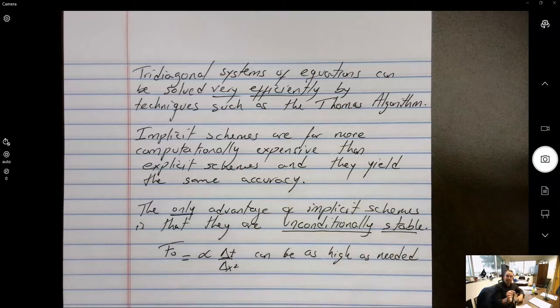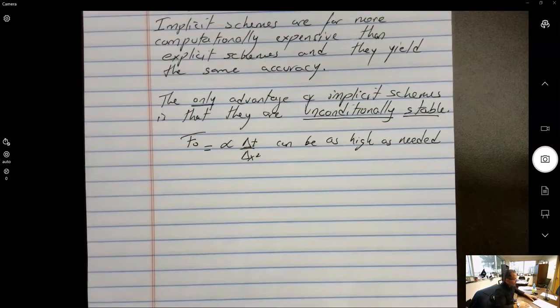You want to make delta x small, so your space discretization is small, so you get a good resolution and a small error. And then the delta t doesn't have to be quadratically smaller to maintain the value of the Fourier number. So you can afford to do larger time steps with very small grid sizes.